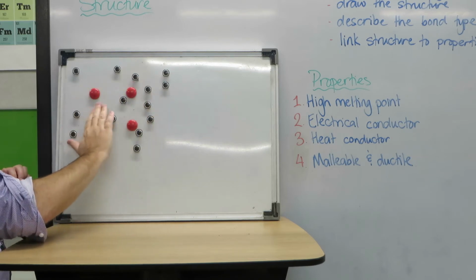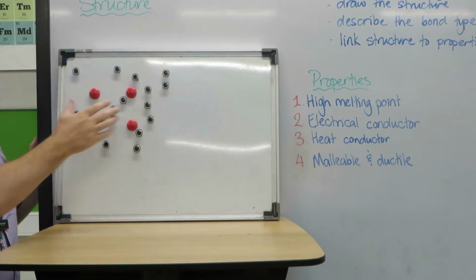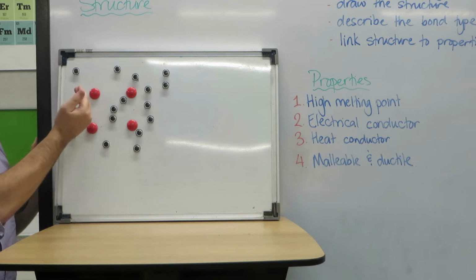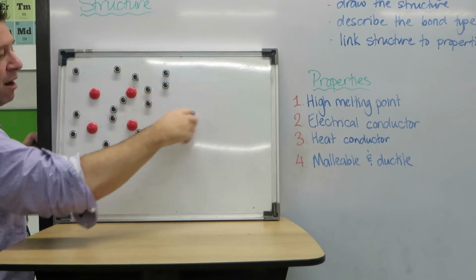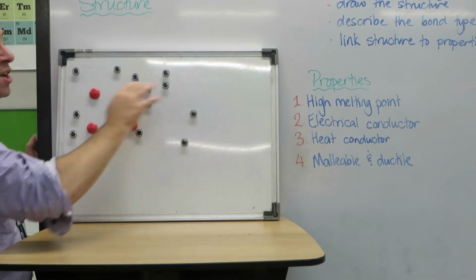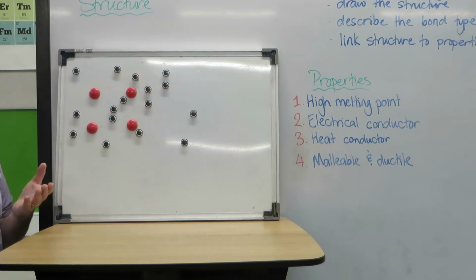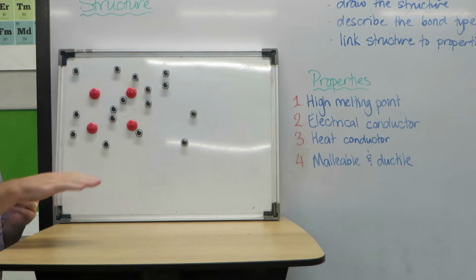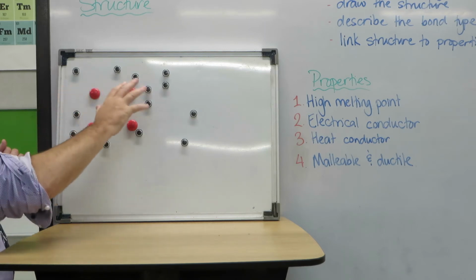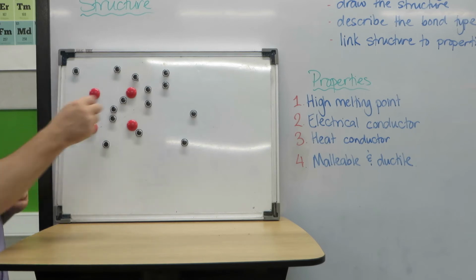So long as they're in a circuit to be replaced by other electrons, they can carry that charge on to somewhere else. Because the electrons are charged, they're negative, and they are free to move, they're a sea of valence electrons, so they flow like water flows, that means that they can conduct electricity.